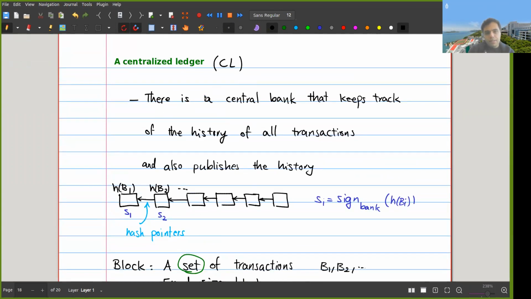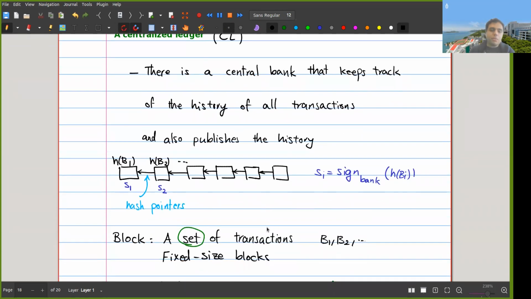Of course, having a centralized ledger is not great for us because it gives a lot of power to the central bank. Basically what we're saying is that every time it's the central bank that decides which block to form and which block to add to the end of the blockchain. And that's not great because suppose that the central bank doesn't like you, it can just not process any of the transactions that you make.